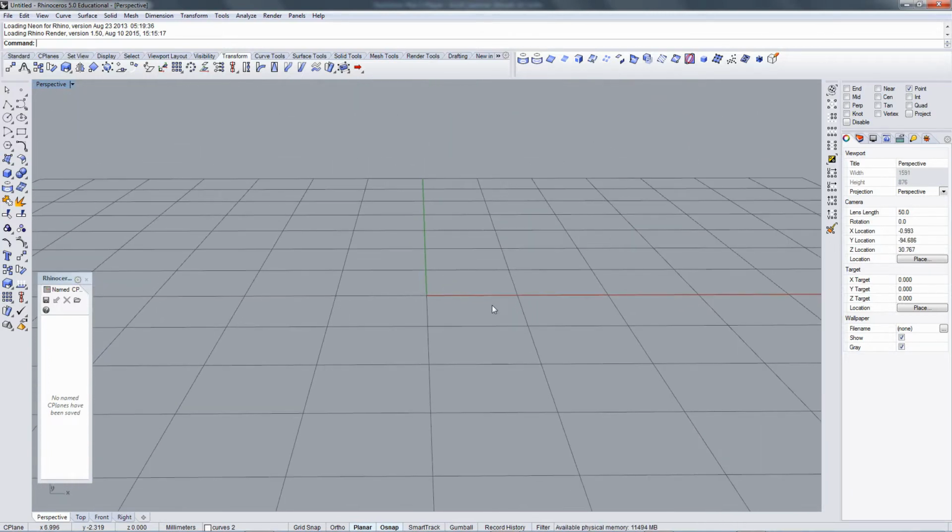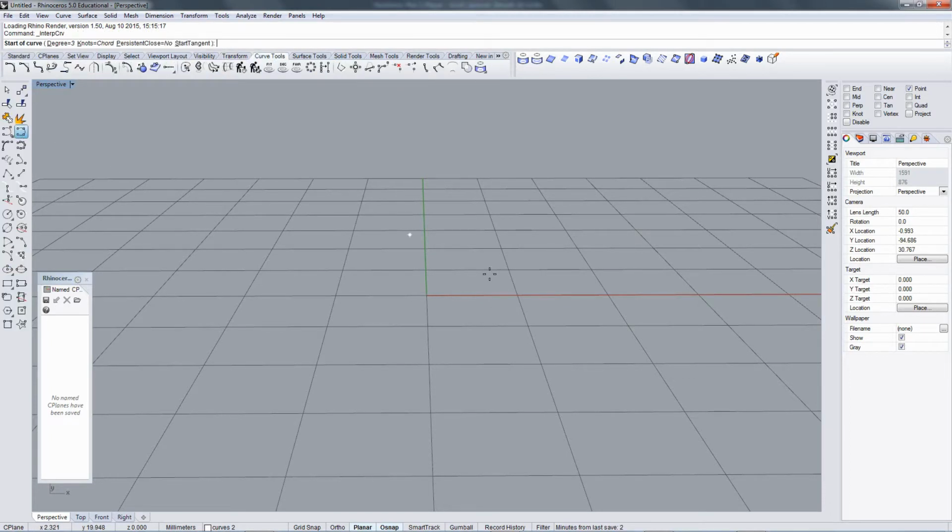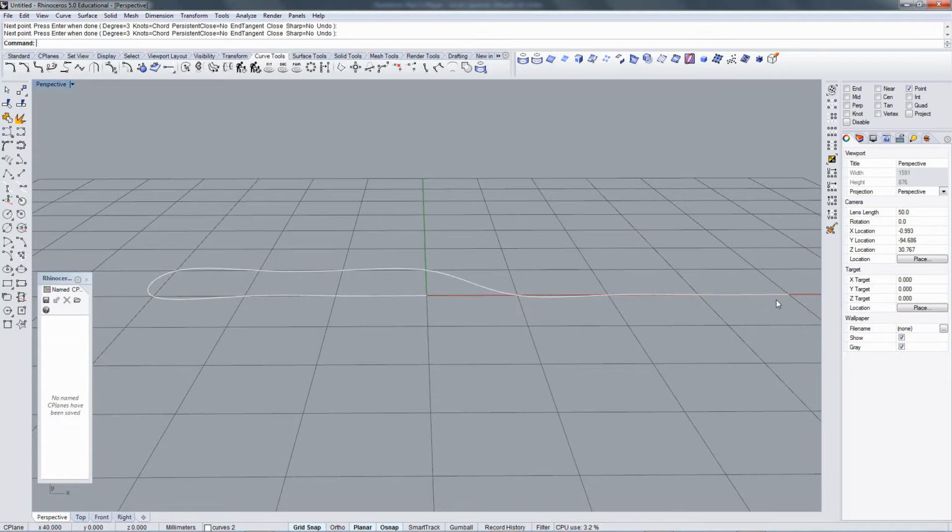In global coordinates, it's going to sound a little weird to say, but your X coordinates are running right to left. Negative direction is to the left. Positive direction is to the right.